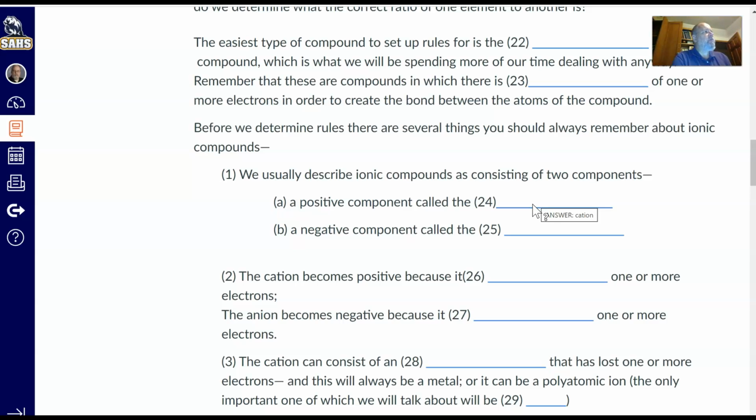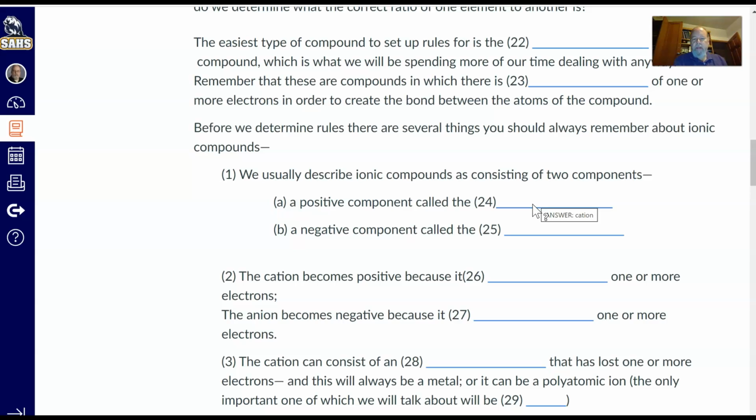And I can remember this with a simple mnemonic. If I think about cat paws, the paws of a cat, a PAWS, right? Those kinds of paws. I can say cat paws is like cat ion is a positive ion. Okay, so I can use the words cat paws to help me think of cation as being positive.